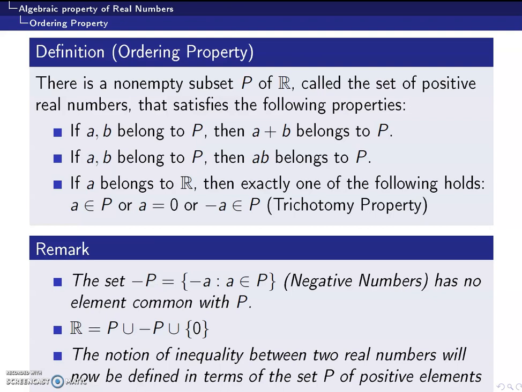Already we have established the algebraic properties of real numbers as a field. We have established that the set of all real numbers is a field. But there are other properties for real numbers which we need to investigate.